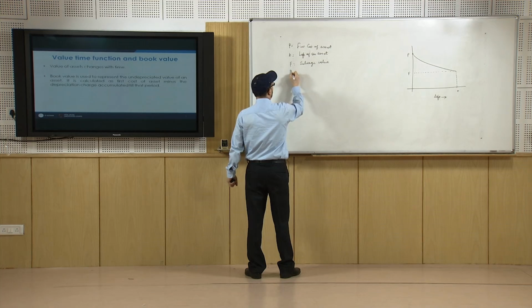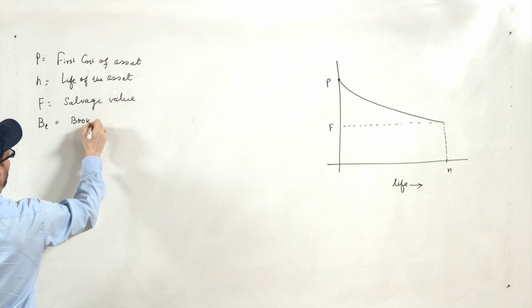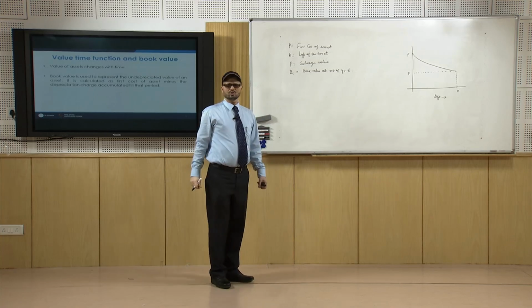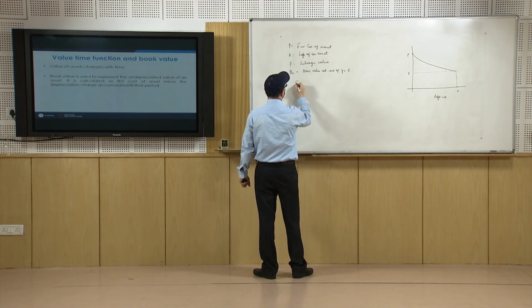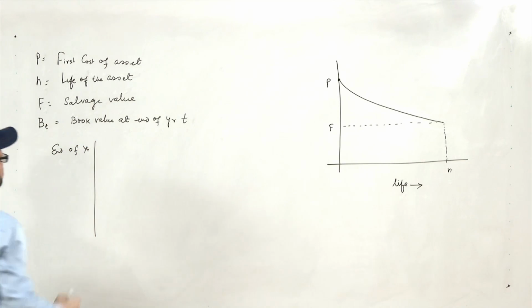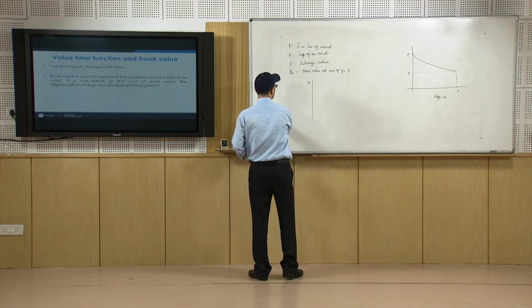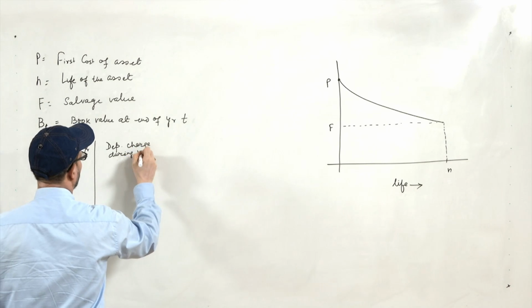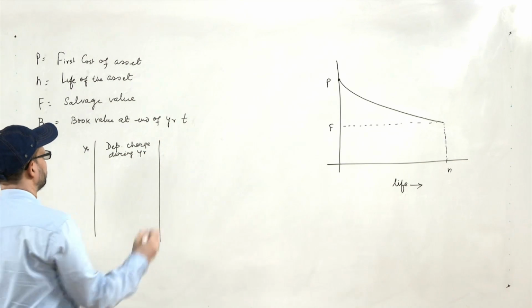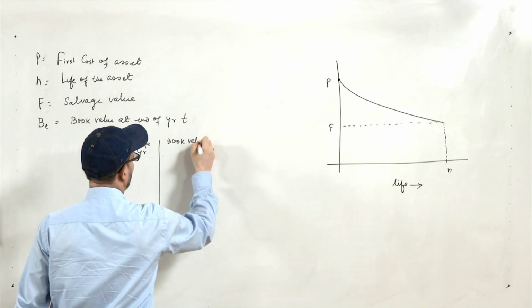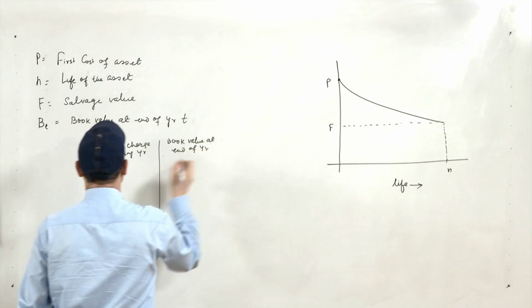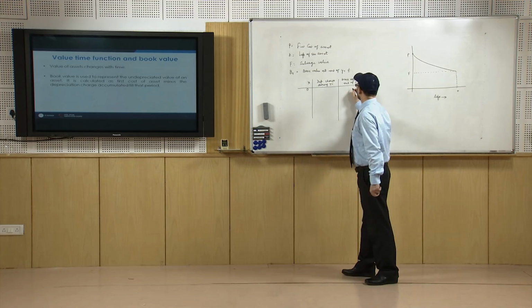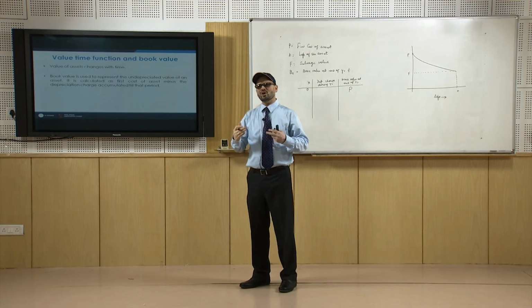Now, take Bt as the book value at the end of year t. We can tabulate the year, the depreciation charge during the year, and the book value at the end of the year. At year 0, that is presently, the value is nothing but P, the first cost of the asset.